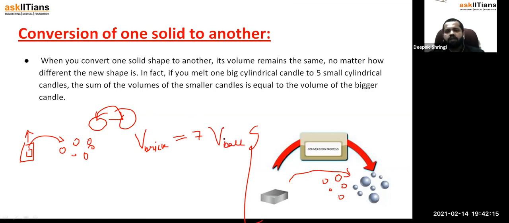I think it is clear that if you need to convert one solid into another, just equate the volume of one solid to another, right? In fact, if you melt one big cylinder candle into five small cylindrical candles, the sum of all the five small cylindrical candles will be equal to the bigger one, right?